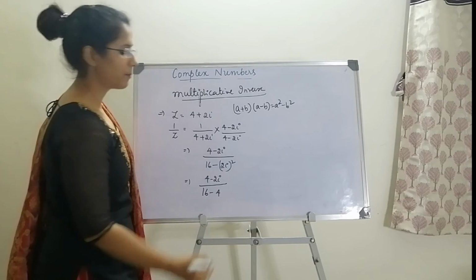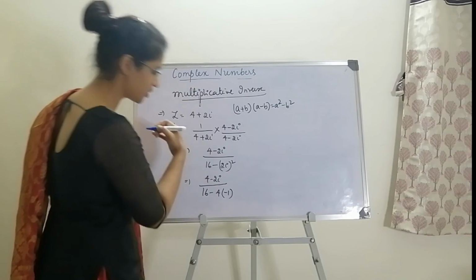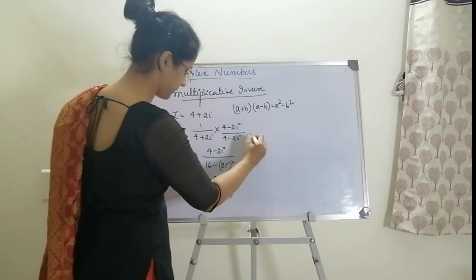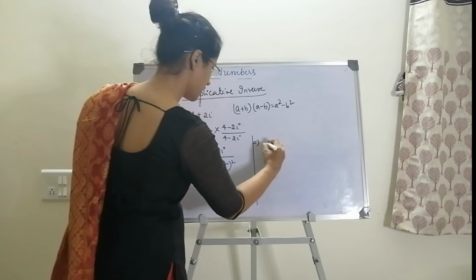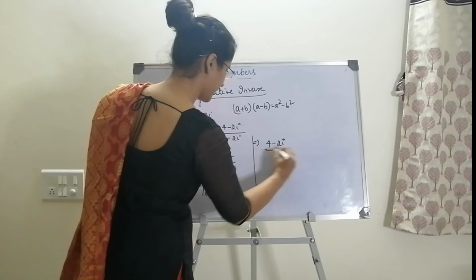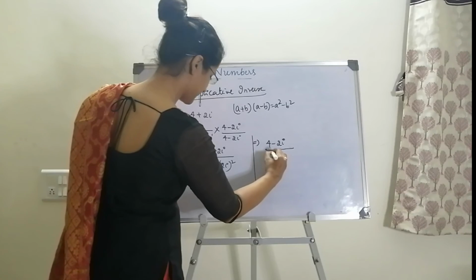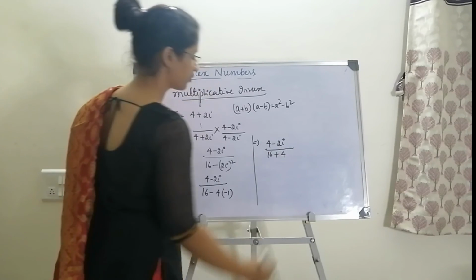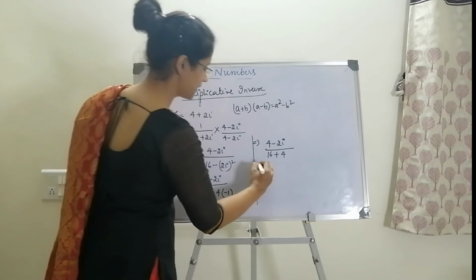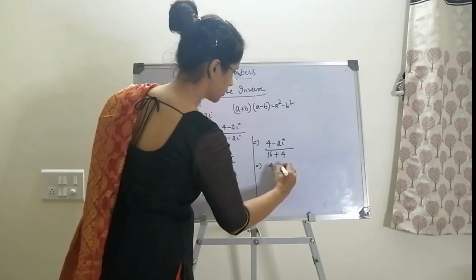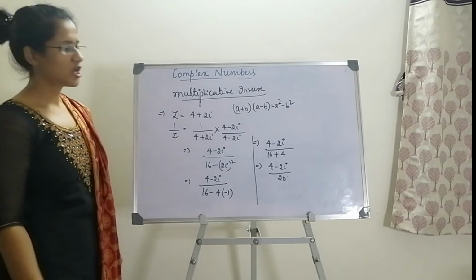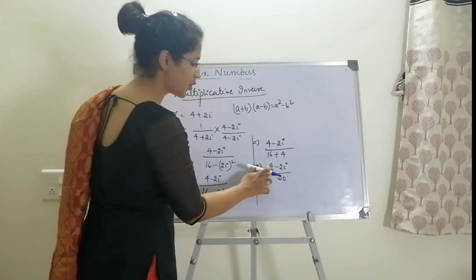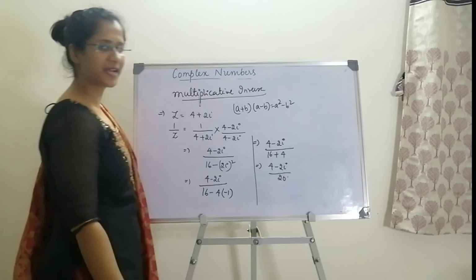How much is i square? Minus 1. So I will substitute this as minus 1. Further if I simplify, I will get 4 minus 2i divided by 16 plus 4. So 16 plus 4 is going to give me 20. Correct?